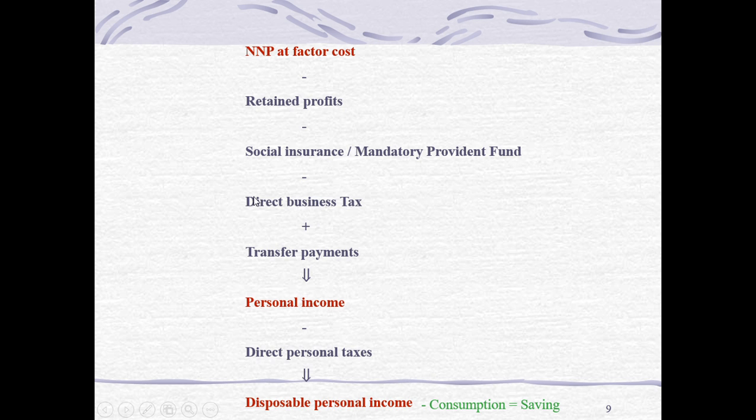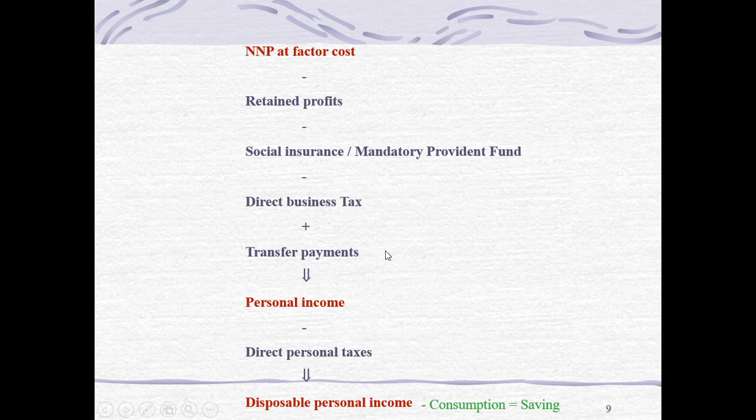Right, then we subtract direct business taxes from it. Though you've earned profit, though you've earned this income, there is a tax you need to pay. That one also does not come into your pocket, so that one is also subtracted. Then we add transfer payments. Transfer payments are payments the government makes to people who have not performed an economic activity.